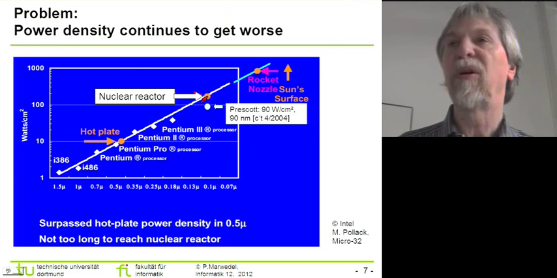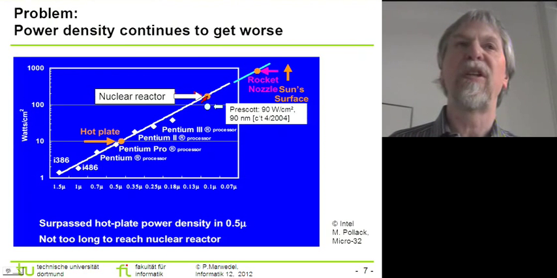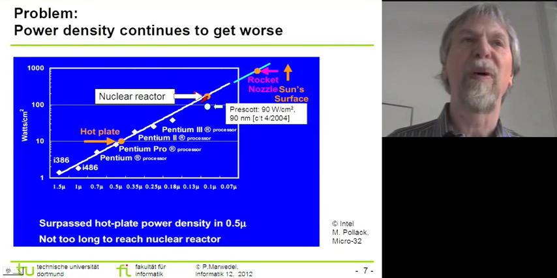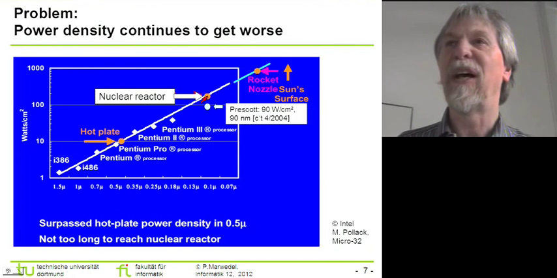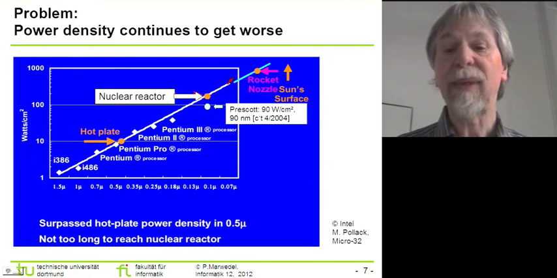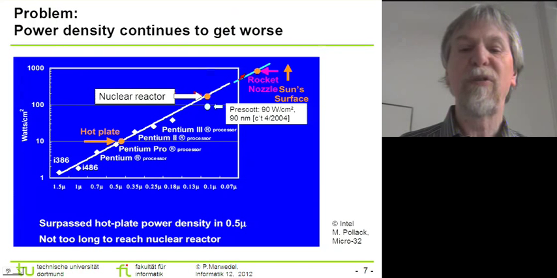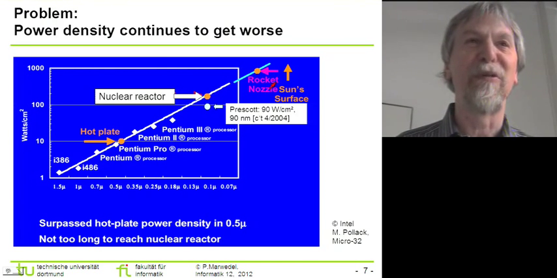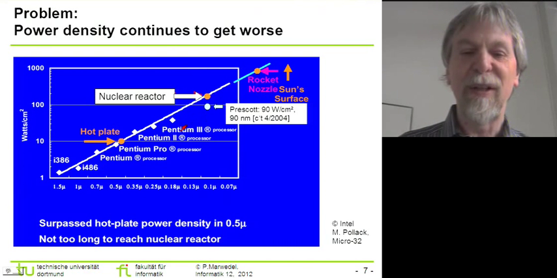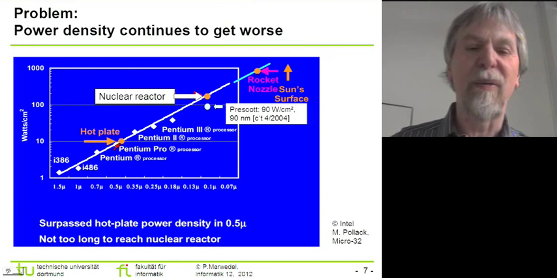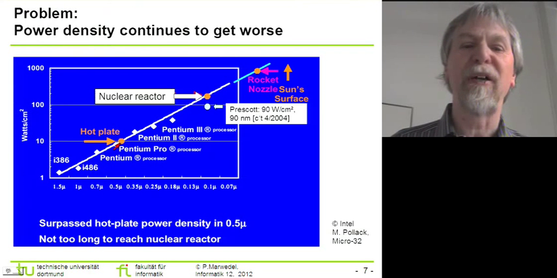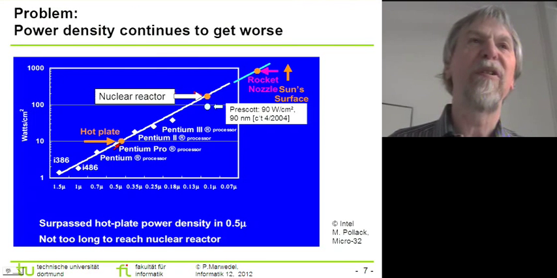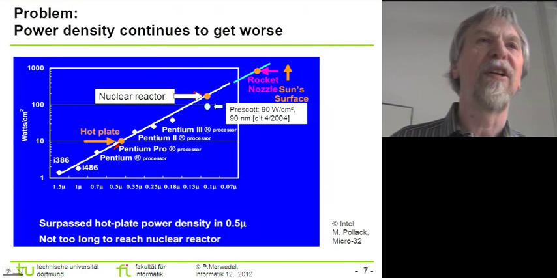And we see that we are almost approaching there the power density of the nuclear power plant, which is a very high power density. Fortunately, we haven't reached the power density of rocket nozzles or the sun surface so far. But nevertheless, we have already surpassed the power density of hot plates in the kitchen.